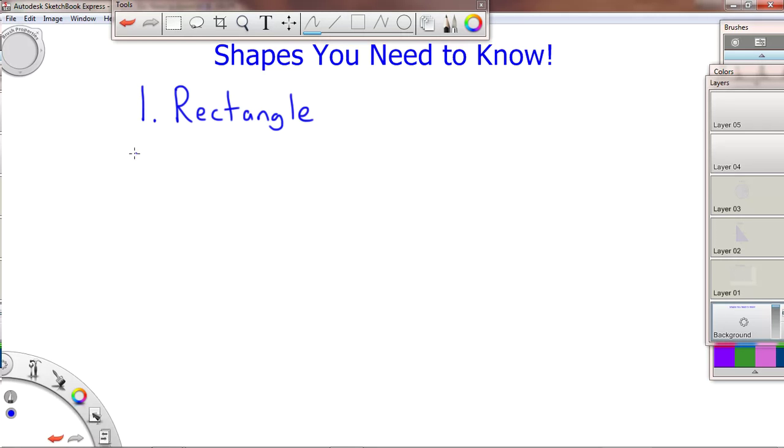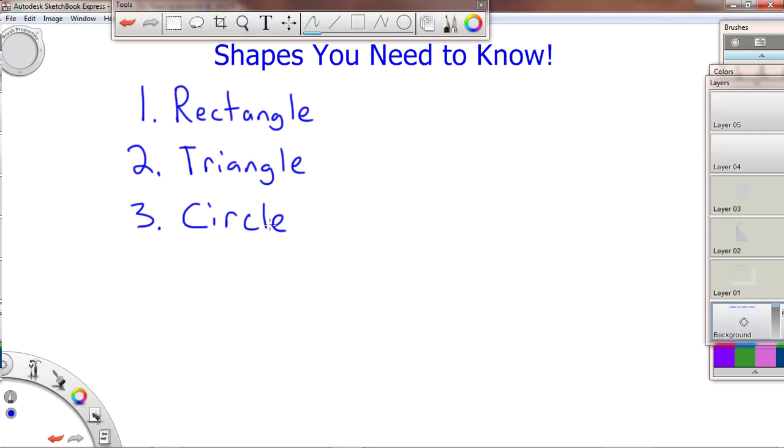There's one, the rectangle. Number two, the triangle. And number three, we know it, we love it, the circle. Okay, now every shape that's going to be on this test, and for the most part in 6th and 7th grade, every shape that you're going to see is going to be some combination of rectangles, triangles, and circles.